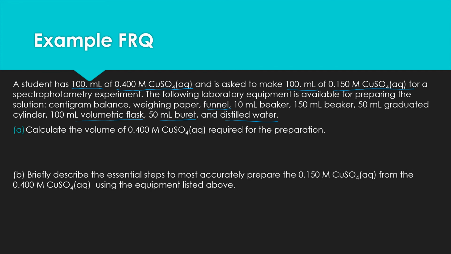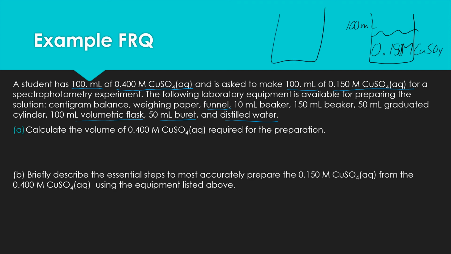So part A is to calculate the volume of 0.4 molar copper sulfate required for the preparation. So let's think about what we want here. What's our goal? Our goal is to make 100 milliliters of our solution, and we need it to be 0.15 molar copper sulfate.